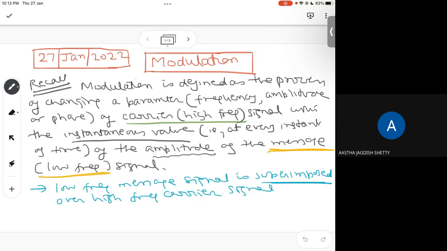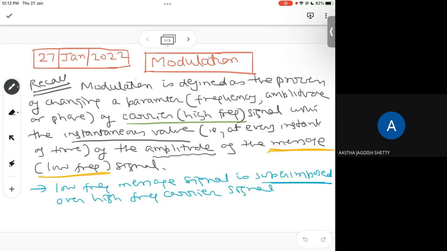When the amplitude of the message signal is high, then the amplitude is high in the case of amplitude modulation, the frequency is high in the case of frequency modulation, and the phase of the carrier is also high in the case of the phase modulation. So that is something we have to understand. Either of these parameters I can change, but from the message point of view, I only see the amplitude.